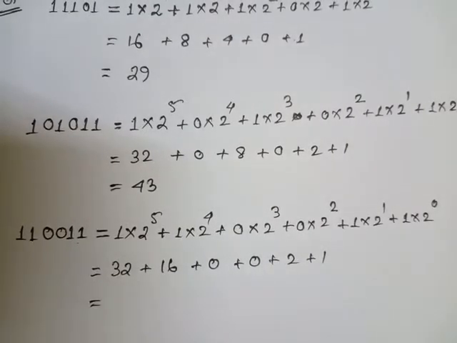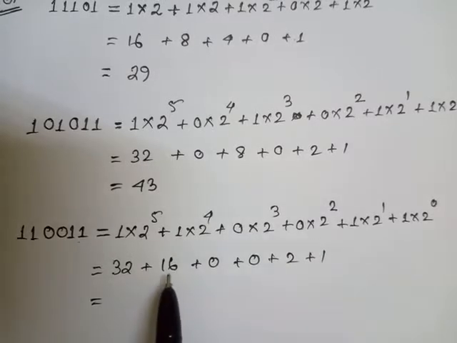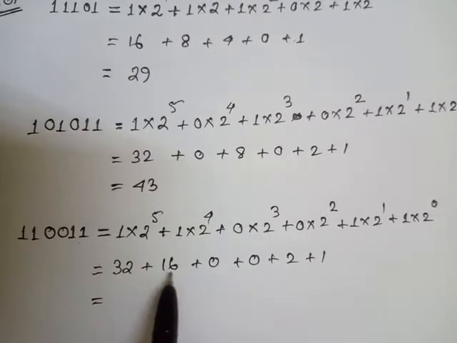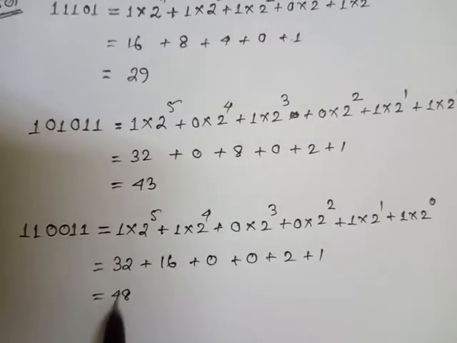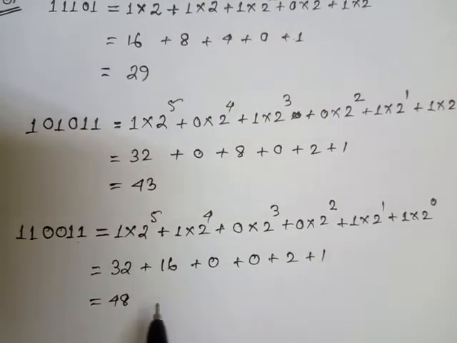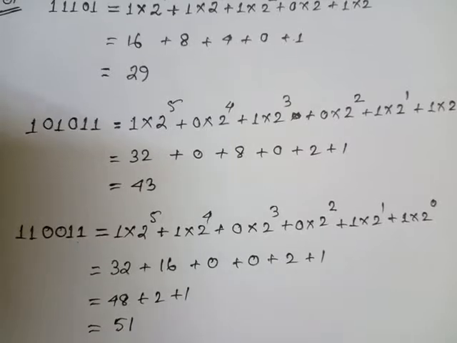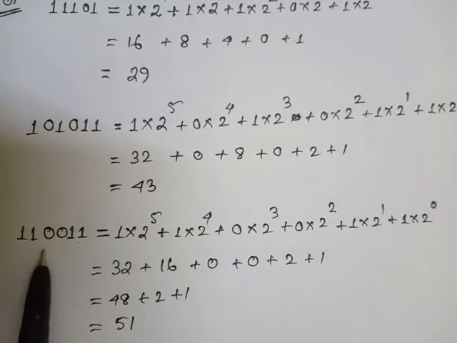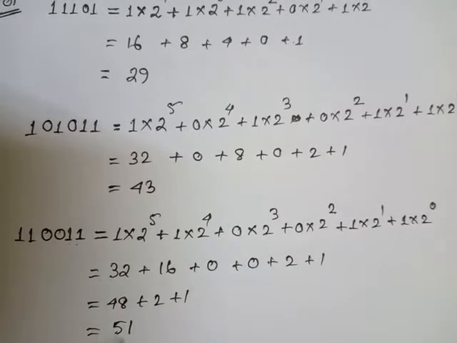Now look here, 32 and 16 make 48, then 2, then 1: 48 plus 2 is 50, plus 1 is 51, which means 110011 is the binary form of 51.